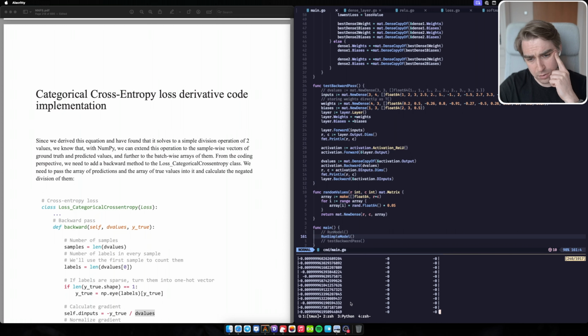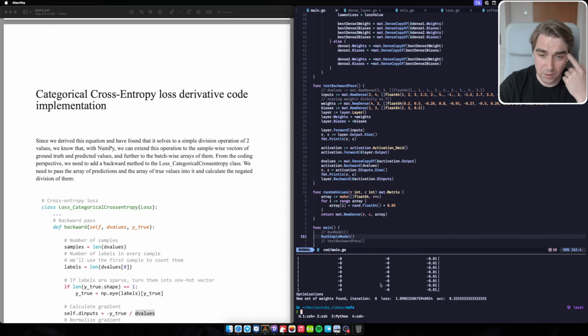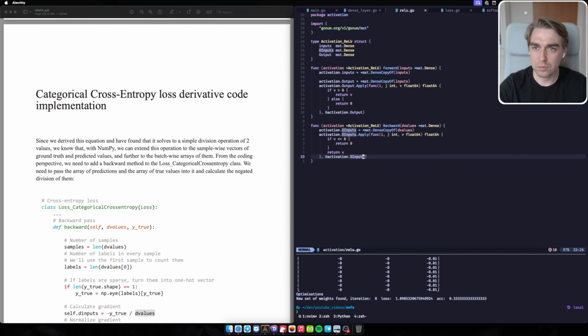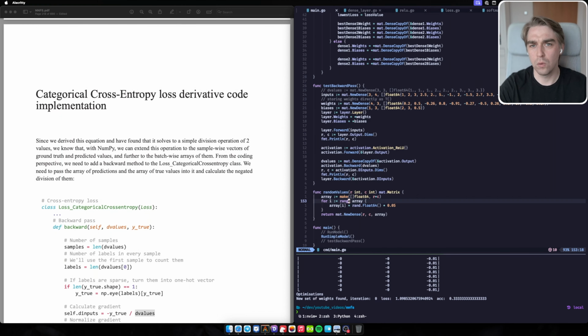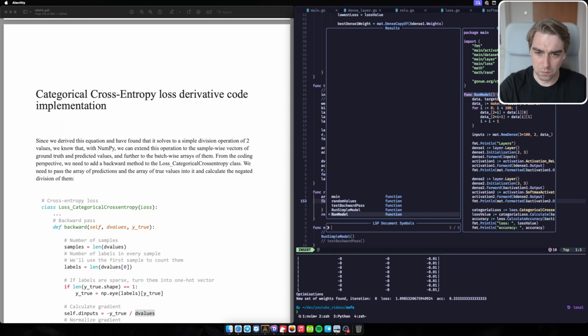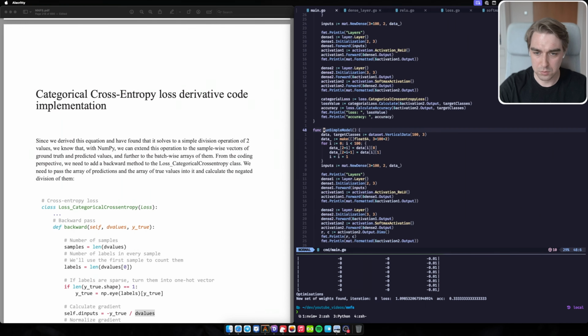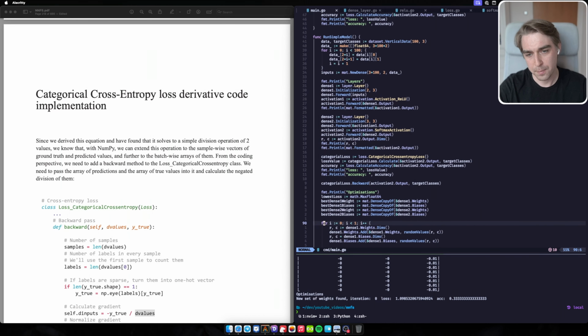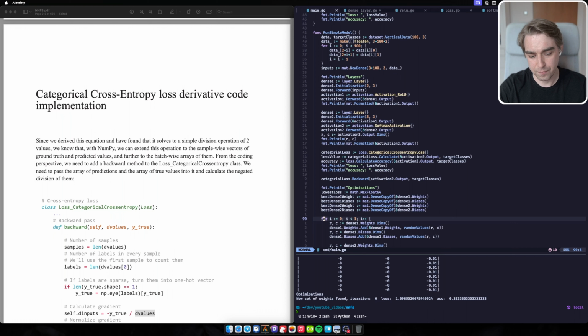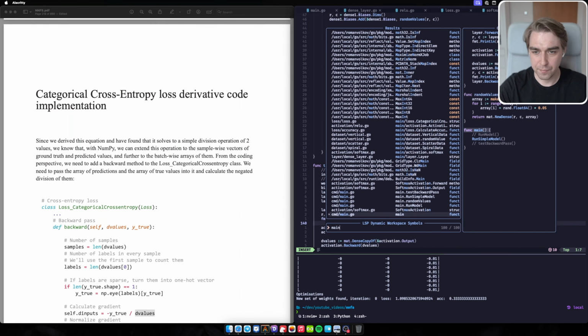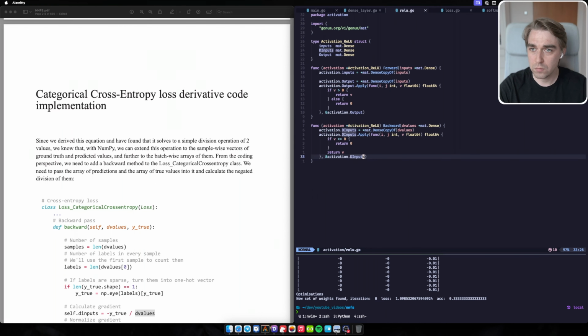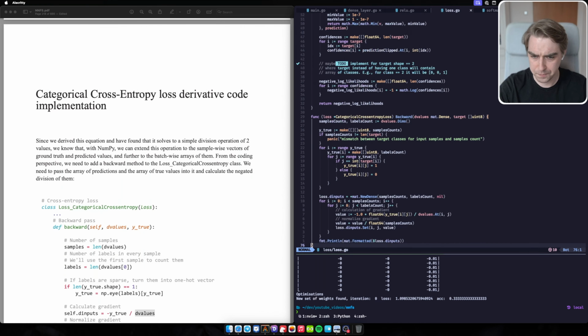Well, there are some values. I'm not sure if they're correct, but actually it's -0. Looks like, well, we'll see when we test the whole thing, but okay, I assume that for now I implemented it correctly.